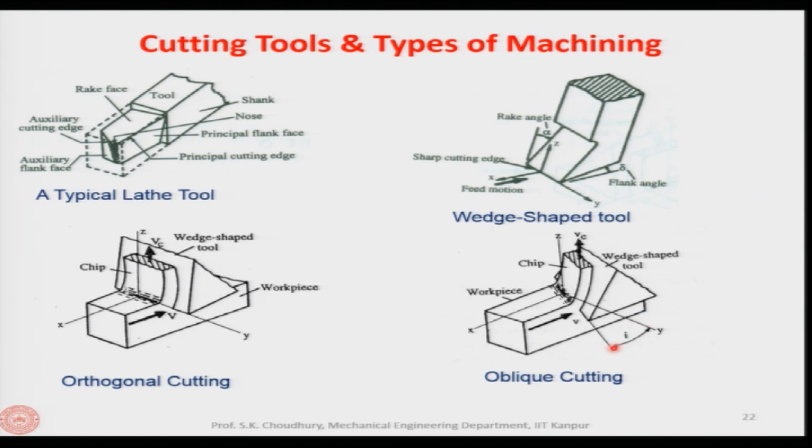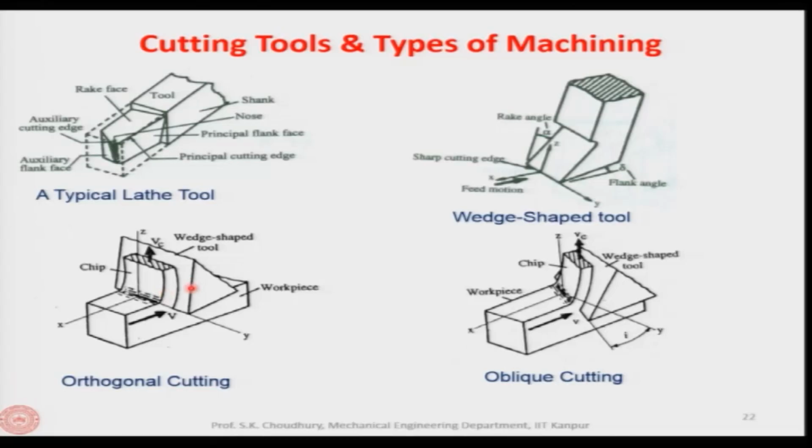We said that mostly in practice it is oblique cutting that is practiced, because in oblique cutting the tool strength is more, as the tool is not grabbing the workpiece all at a time like in the case of orthogonal cutting.